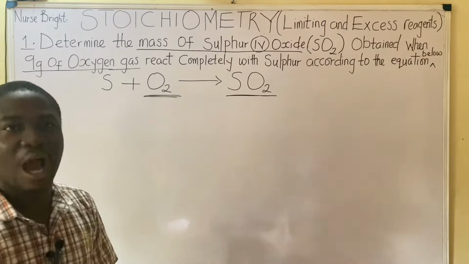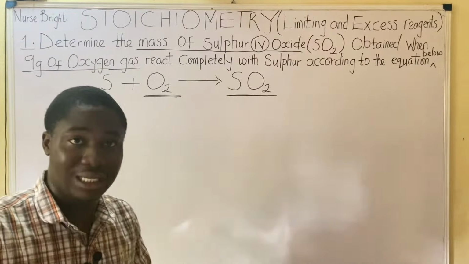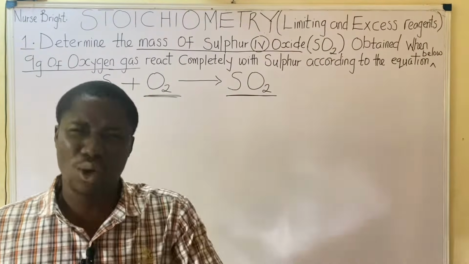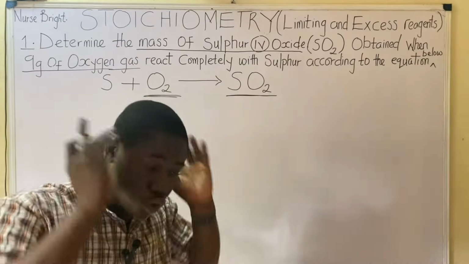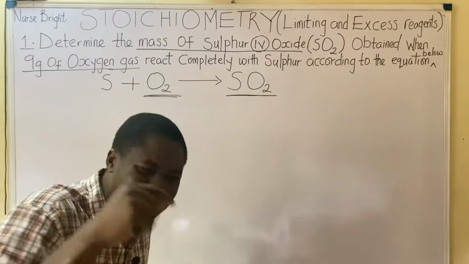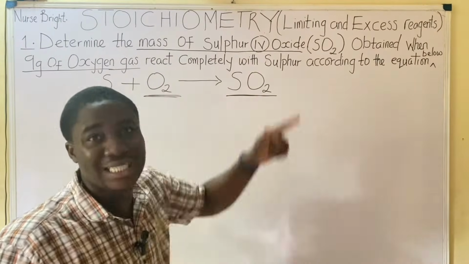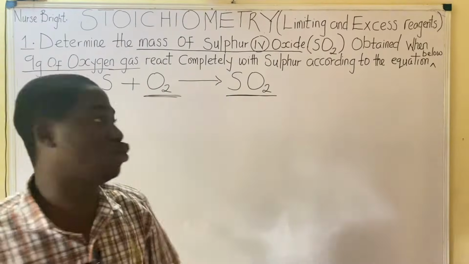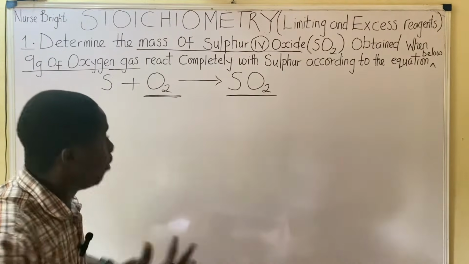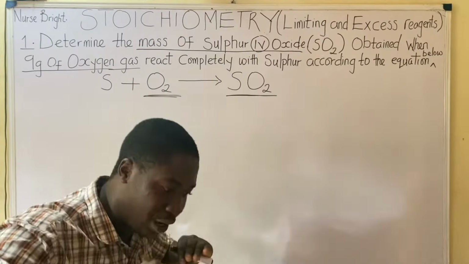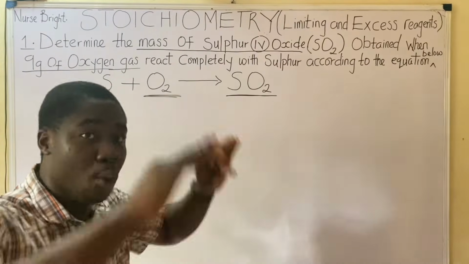So at the end of everything, how many parameters have I related? 2. You can see what I said. Stoichiometry is all about relationship. This is how you solve any practice question under this topic, which is stoichiometry. Okay, before we now go over to those of limiting and excess reagent, and now I will tell you what to do. So next thing we've brought out, we've highlighted the two things we are relating, we'll bring them down.